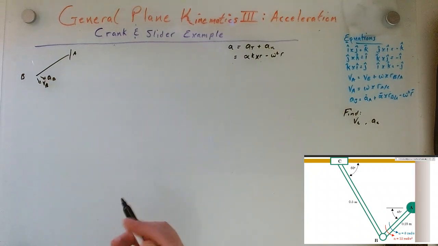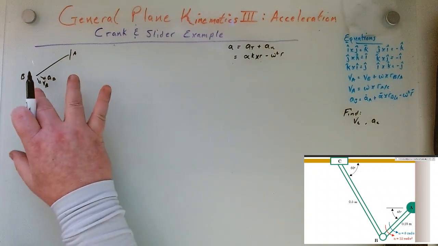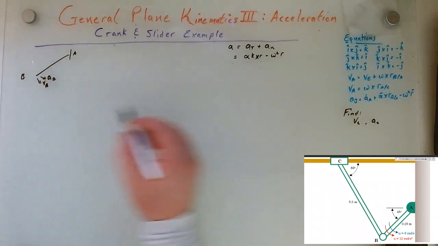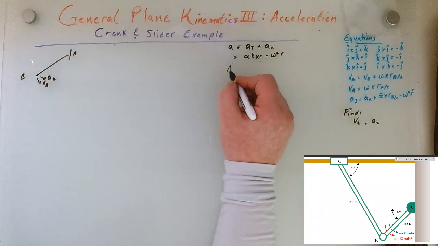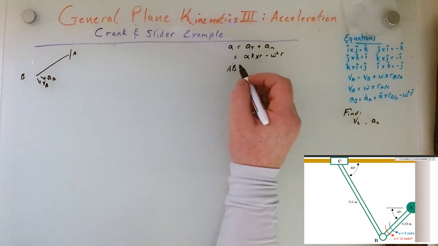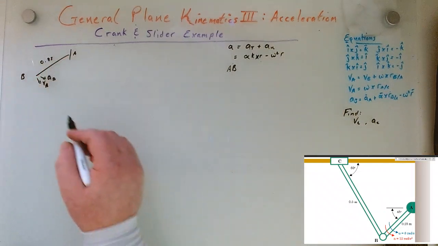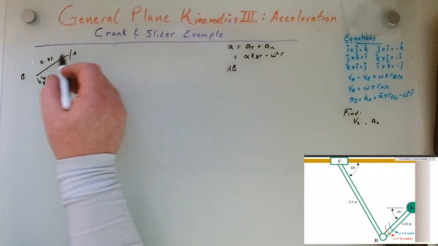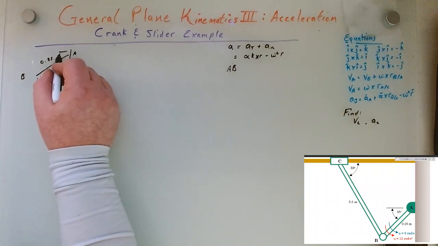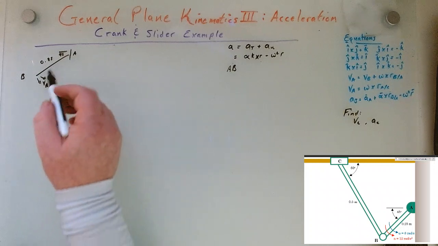So first things first, we need the vector from A to B, right? So let's call this AB. The overall length here is 0.25, and this is at a 45-degree angle.